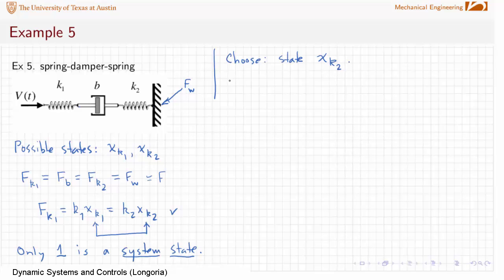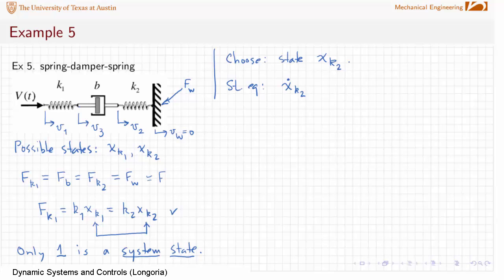Remember, the state equation is the derivative of xk2, and that's the velocity here. Let's call that v2. Let's call this v1. Let's call this v3. And then we have the velocity of the wall, but that's just equal to 0, isn't it?